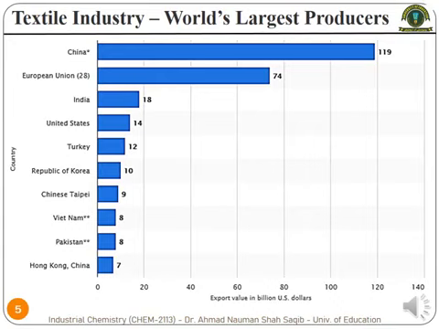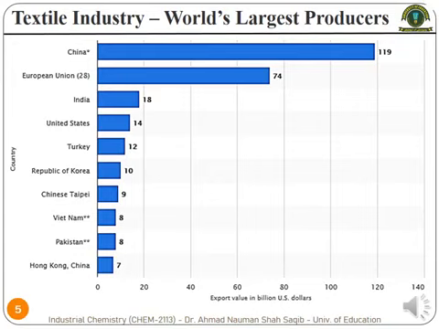And after Korea there is Chinese Taipei, and then Vietnam, and then on the 9th position is Pakistan, and then Hong Kong, China. So we can see that we are lagging at 9th position in the world's exporters of textile products, but still we are in the top 10.